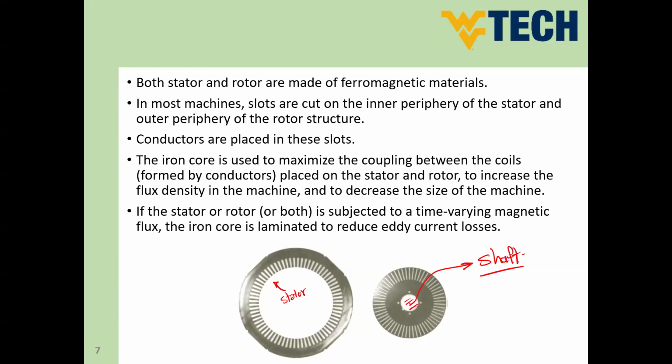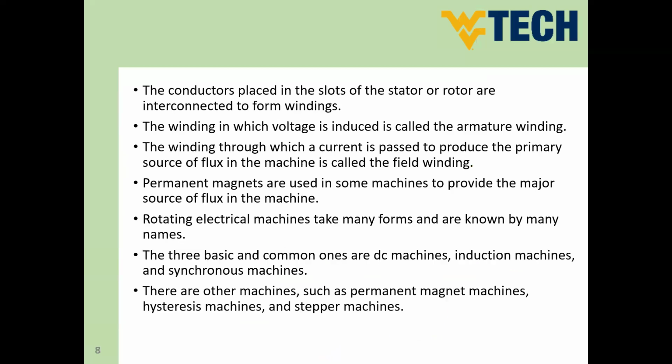So this is how we make our machines. We have the ferromagnetic material. We use laminated sheets of ferromagnetic material, and these sheets are insulated from one of the sides just to reduce the cost of the insulation. Okay, and at the same time, we guarantee to reduce the eddy current loss inside our machine.